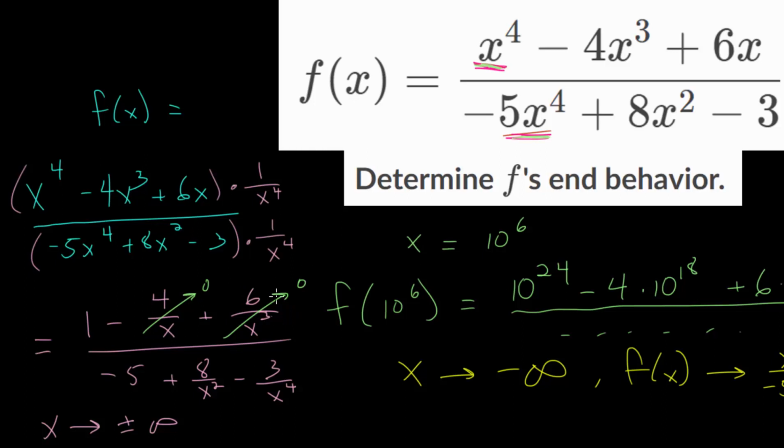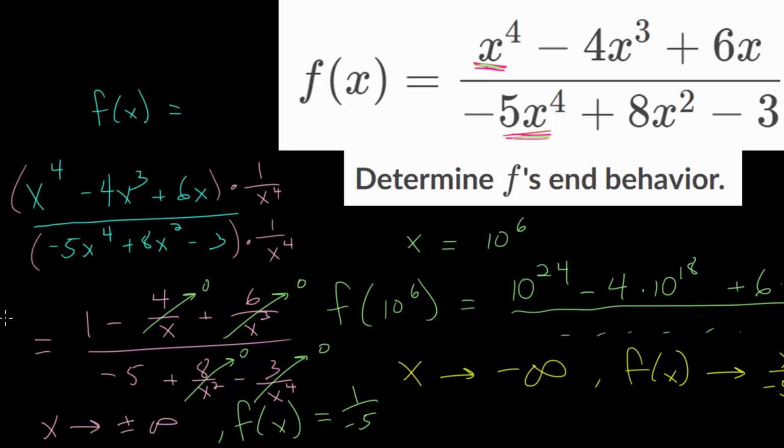And the fraction overall would then get smaller and smaller. It will either approach 0 from the positive side or the negative side, depending if we're approaching positive or negative infinity, and if this is an even or an odd power. So likewise, these will also approach 0. And you can see that the function, again, will just approach 1 over negative 5, or minus 1/5.